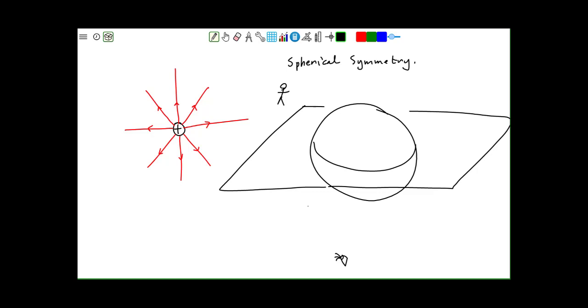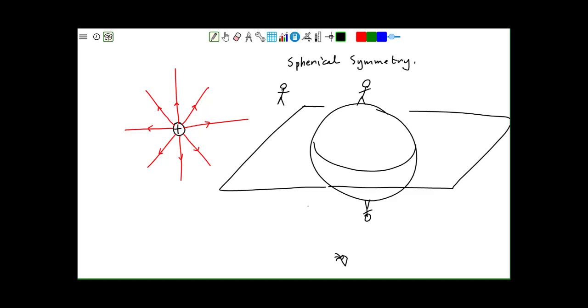The top part of the sphere still looks the same as the bottom part of the sphere. In fact, both halves look like a reflection of each other. So spheres are symmetric about a plane that passes through their middle along a radius. This is the nature of spherical symmetry.